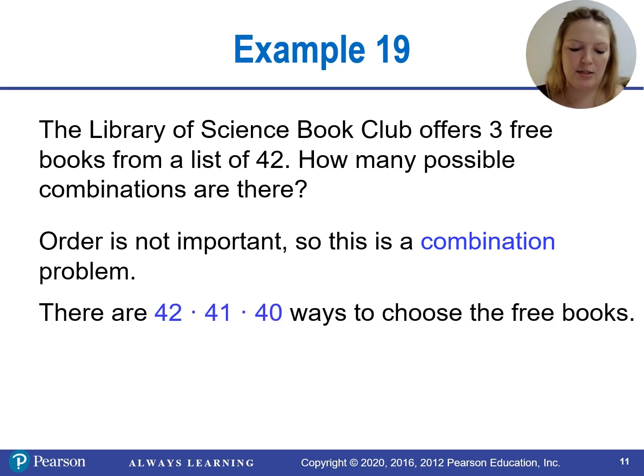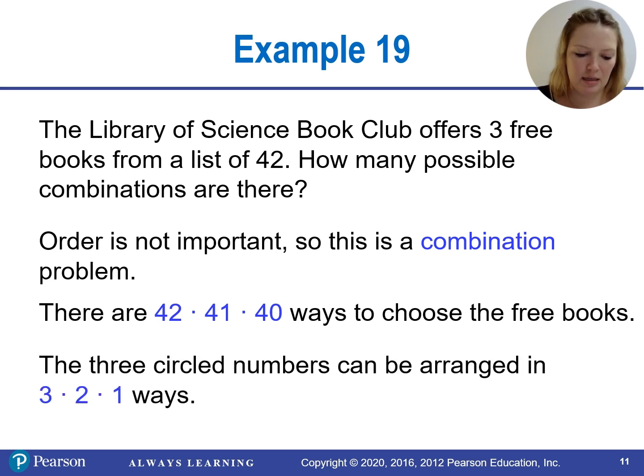There are 42 times 41 times 40 ways to choose the 3 books, but that is thinking about it in order, right? Because I have a first, a second, and a third. And the 3 books I choose can be arranged in 3 times 2 times 1 ways if I think about the order.